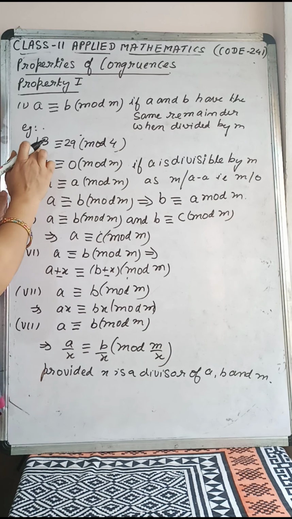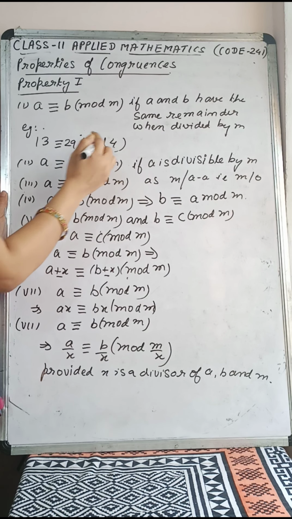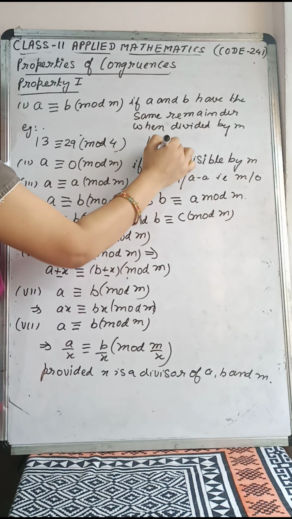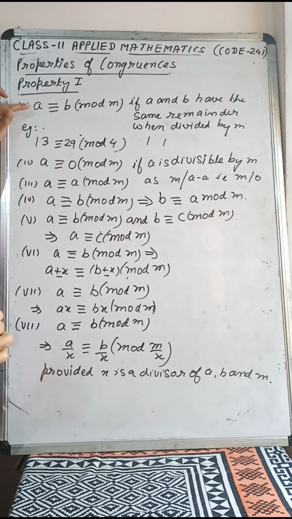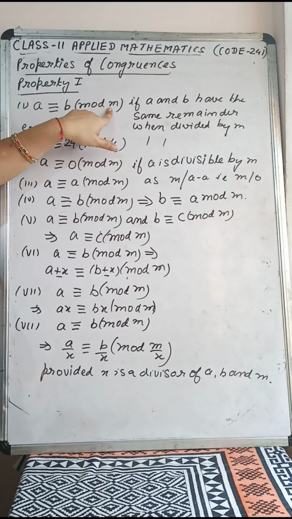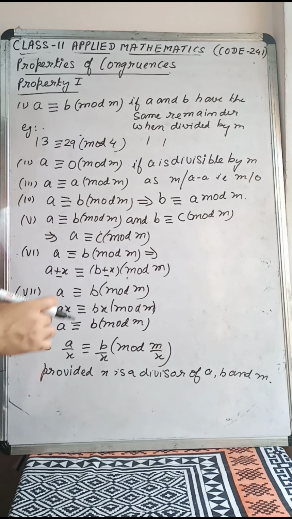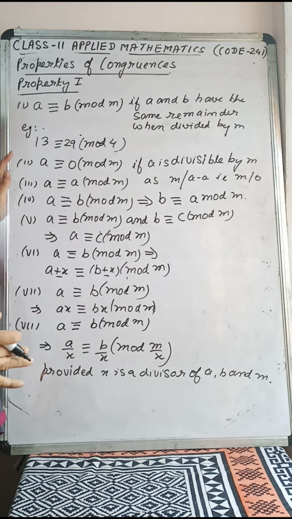But if I divide 13 by 4, we get the remainder as 1. Also if we divide 29 by 4, we get the remainder as 1. So this is the first sub-property under the property 1 head. That is, if A is congruent to B modulo M, then A and B have the same remainder when divided by M. Let us come to property number 2.